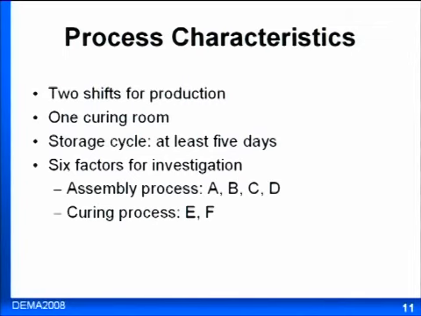This is one of the restrictions of this application. They also have only 1 curing room. All the batteries in the experiment need to go to that one specific room, and some factors will be changed in that room. So we have 6 factors, 4 of them associated with the assembly process and 2 with the curing process.